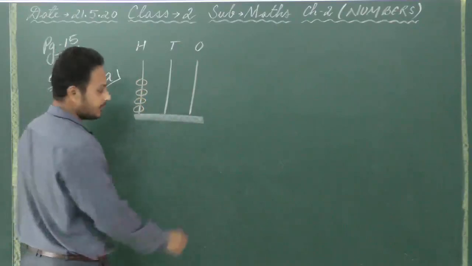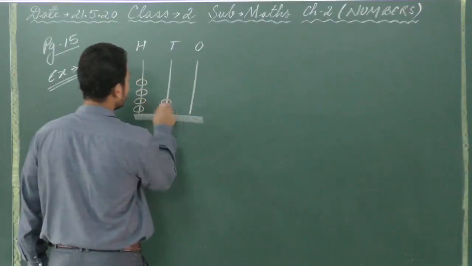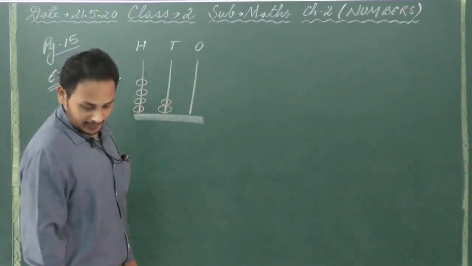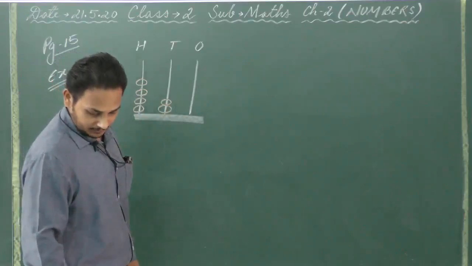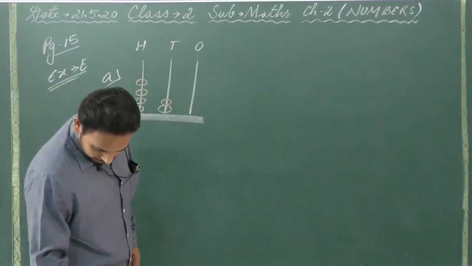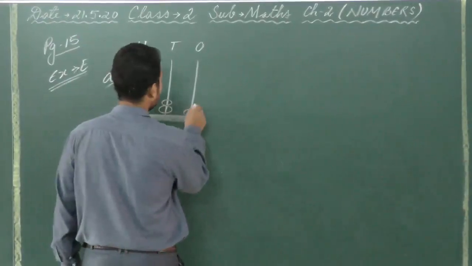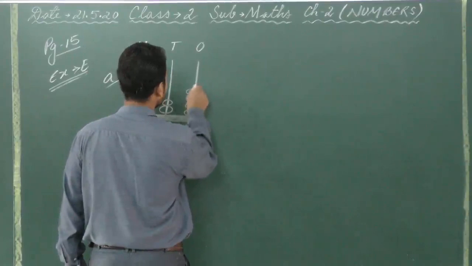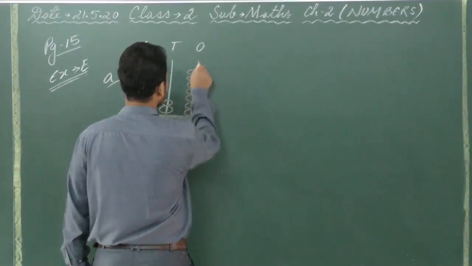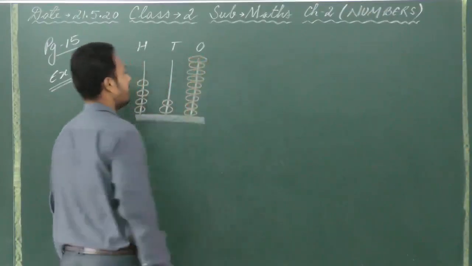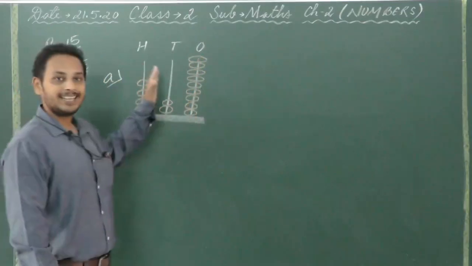In tens place, we have 2. And in ones place, we have 9 circles. So this is what is given in your book.